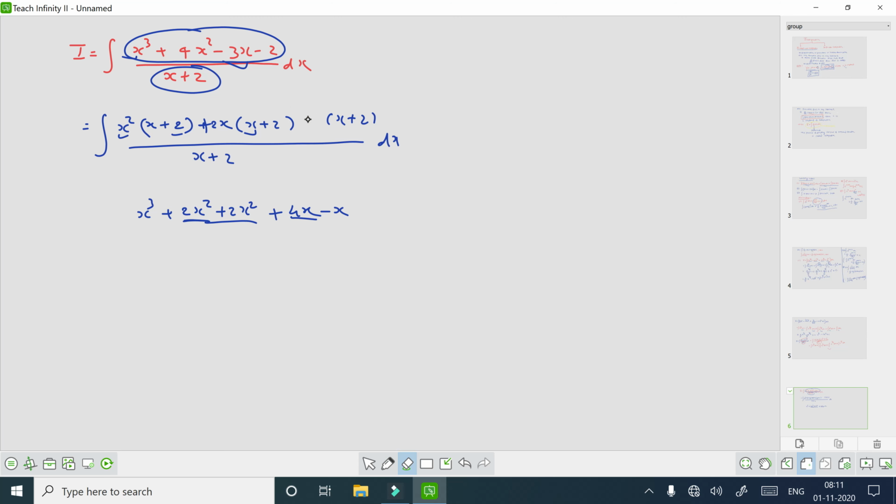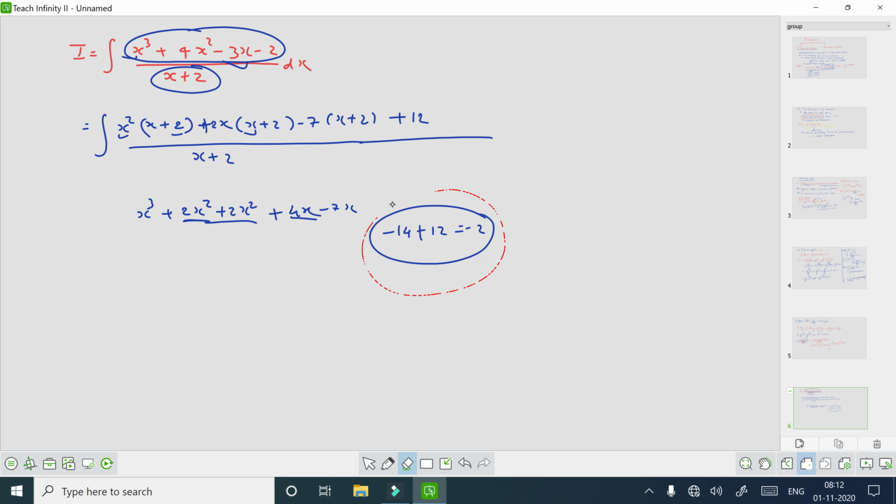So here if I write minus 7x, 4x minus 7x, then we get minus 3x. So here write minus 7x. Now see here, the extra term we get here is minus 14. But what we want? We want minus 2. So can I write plus 12? So minus 14 plus 12 comes out minus 2.